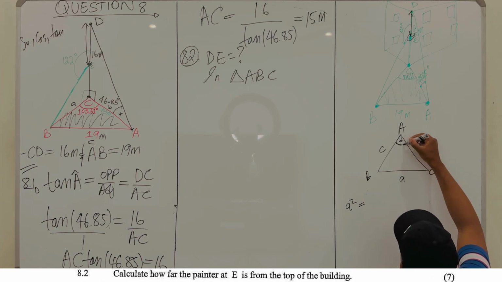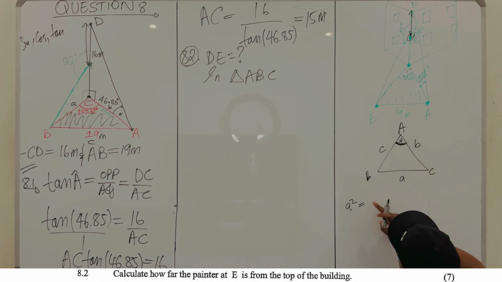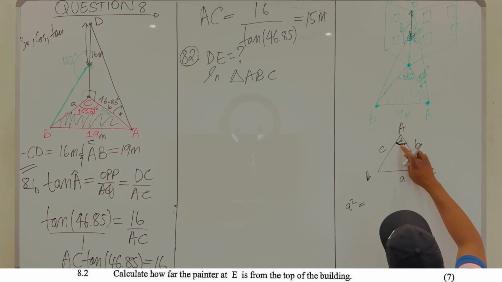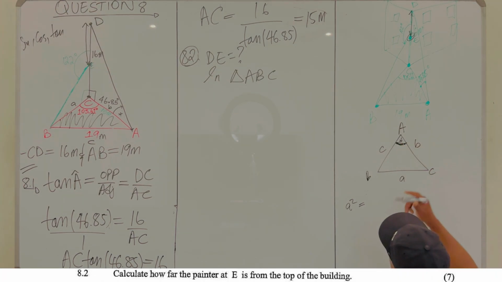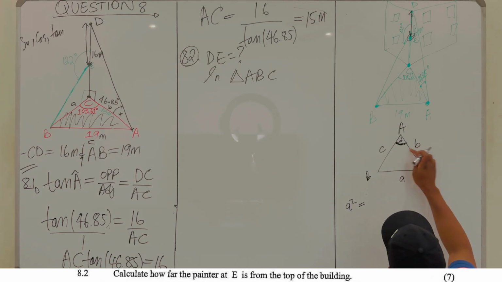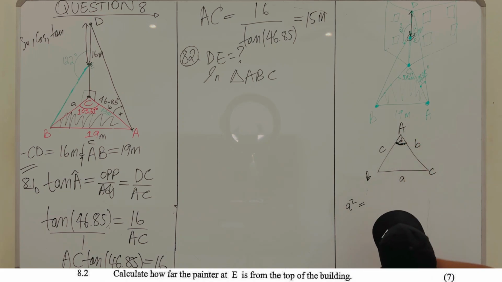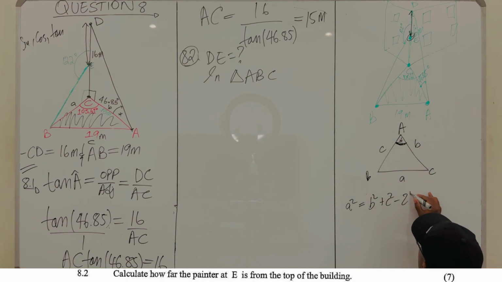So if you have angle A, depending on what you're looking for, your a squared will be equal to these two sides that are forming angle A, which is your b squared plus your c squared minus 2bc times cosine of angle A.